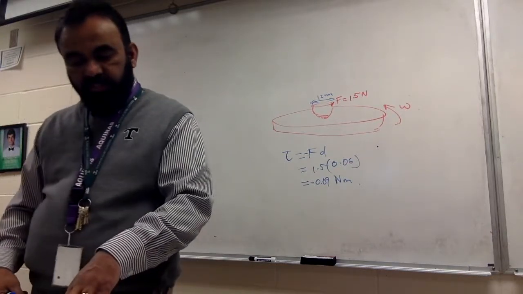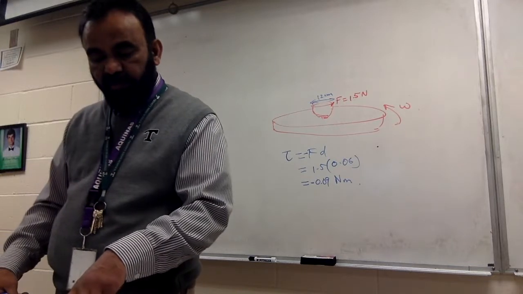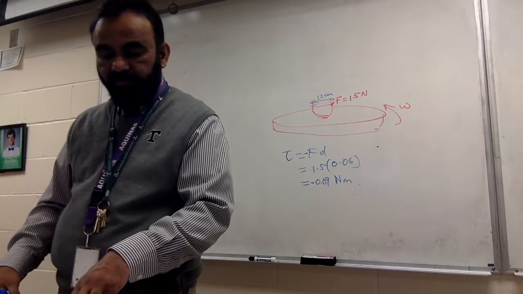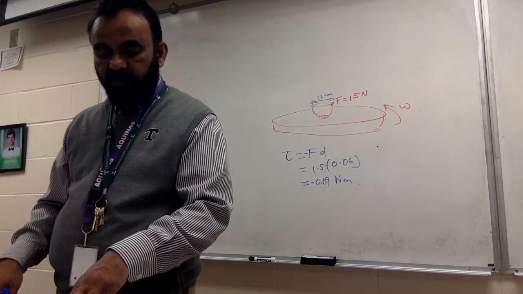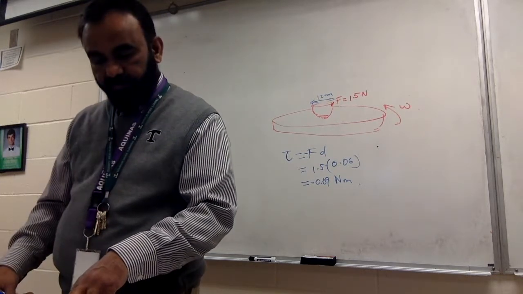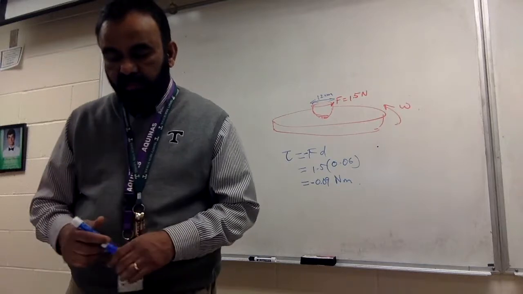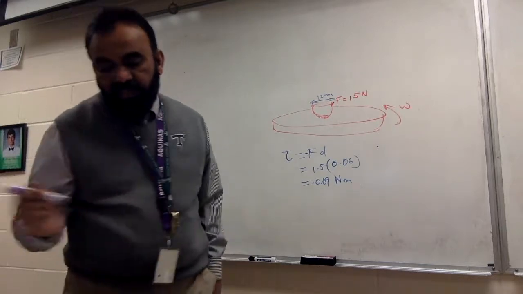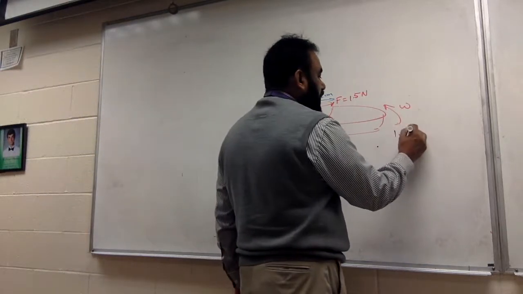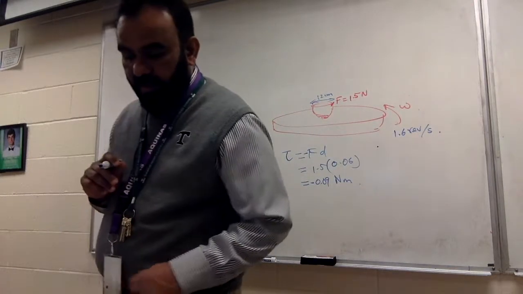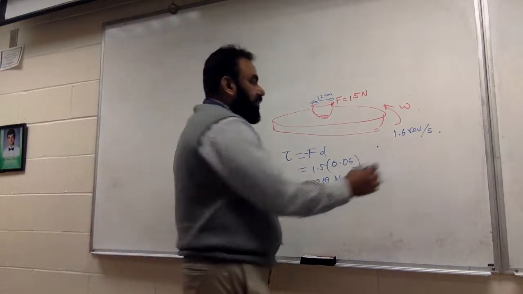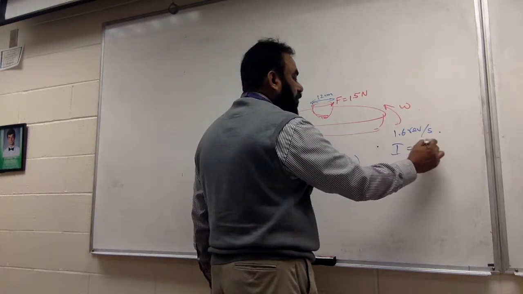The second part of the question says, how long would it take for the potter's wheel to stop if the only torque acting on it is due to the potter's hand? The initial angular velocity of the wheel is 1.6 revolutions per second, and the moment of inertia of the wheel and the bowl together is 0.11.